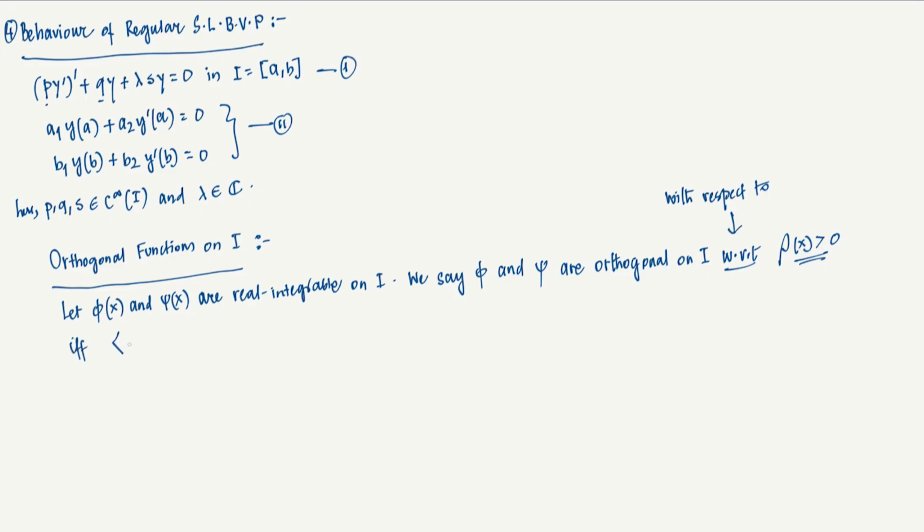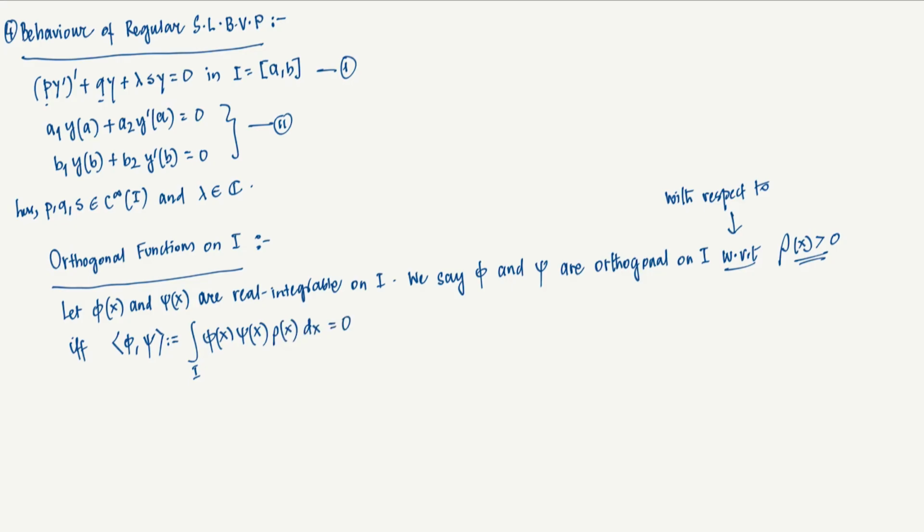this is the inner product I was talking about. In the case of vectors, we just think of it as a dot product. So the inner product of psi and phi we will define as the integral over I of phi of x, psi of x, and then rho of x dx, if this becomes 0.